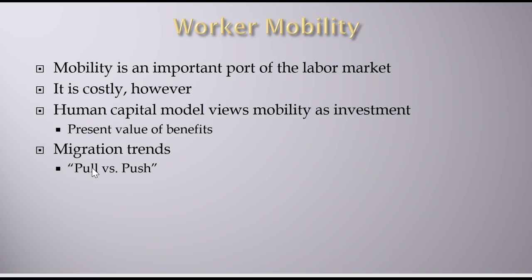So the trends from where they're coming from do not have a strong relationship. People in lower income areas tend to have a strong incentive to move, but a lot of the time the people in these areas tend to be poor and have less education, so they're not able to do it, and a lot of times they're not willing to do it either.